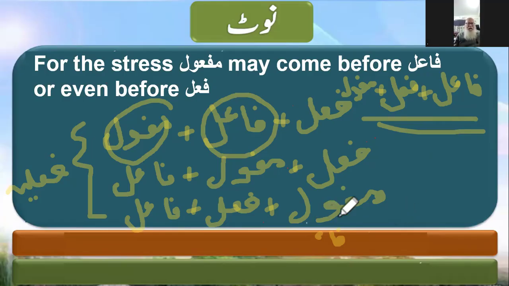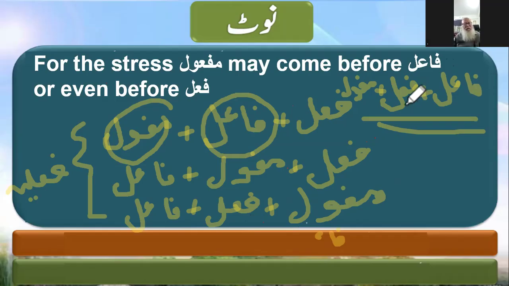The mubtada's condition is that it should be a noun and it should be marfu'. Maf'ul can never be marfu', so it can't be a mubtada. So when we brought the maf'ul in front of the fi'l, it was not a mubtada, so we say it's maf'ul, fi'l and fa'il. But when the fa'il came in front, it was having dhamma or dammatan, so it became the mubtada. It took the position of mubtada.